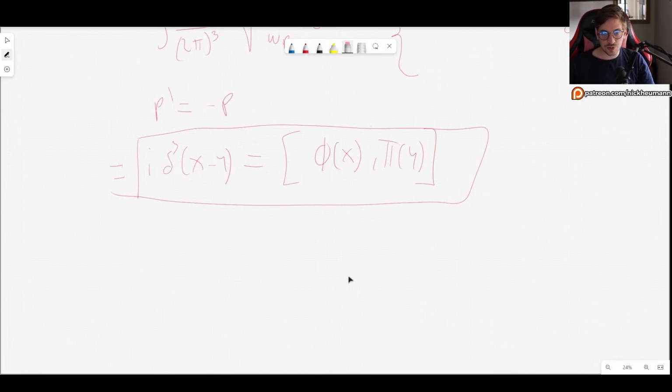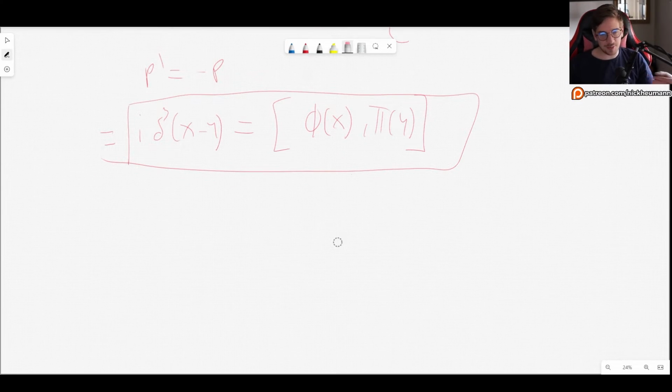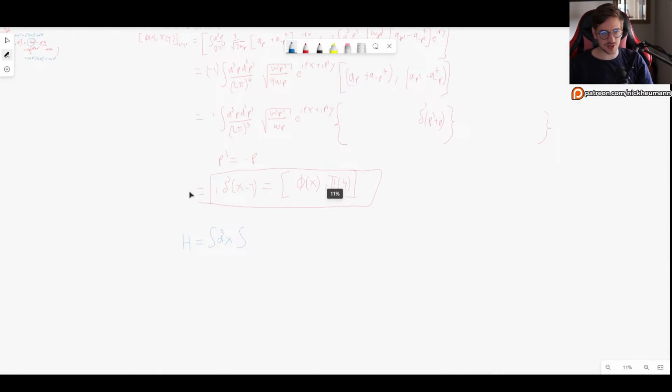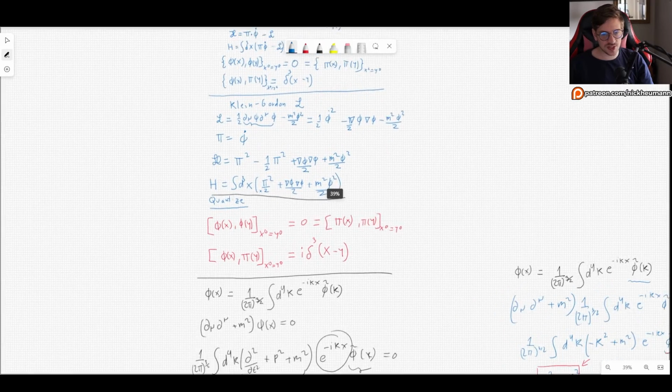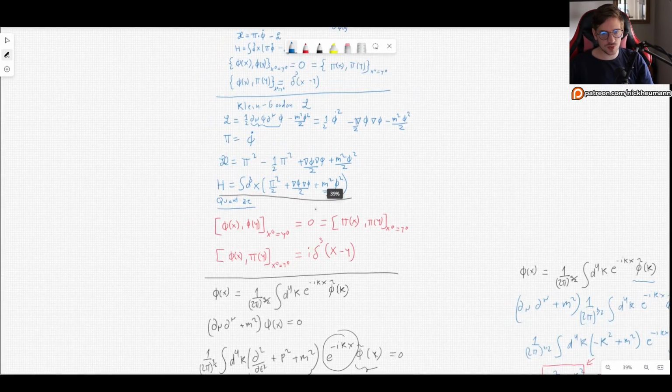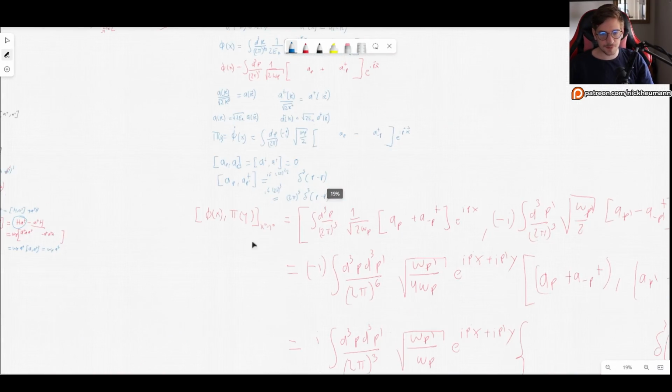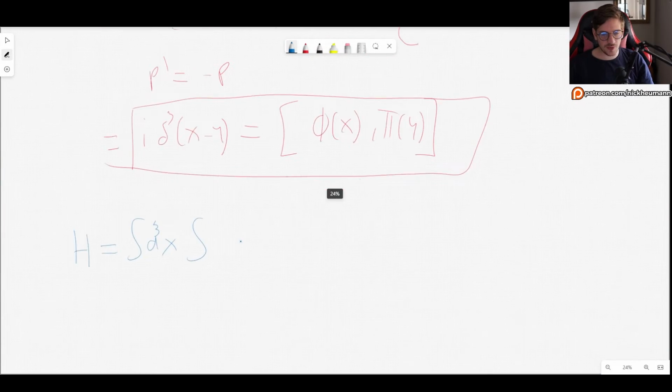Now what we would like to do is actually do what we came here to do, right? So actually find the Hamiltonian. So we said the Hamiltonian is the integral d³x, and actually let's see our expression because I already forgot. So it is right here. So it's d³x, no second integral, p squared over 2. All right. So what we want to find now is the following.